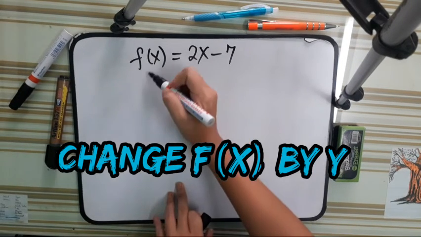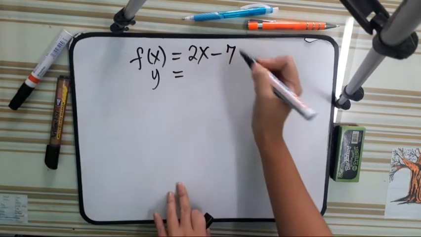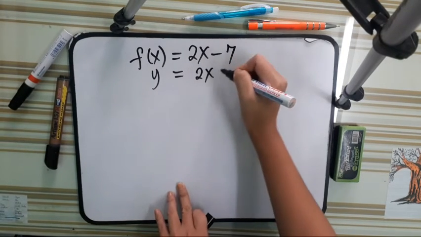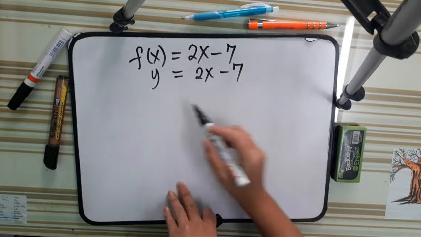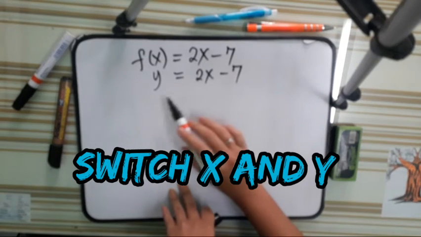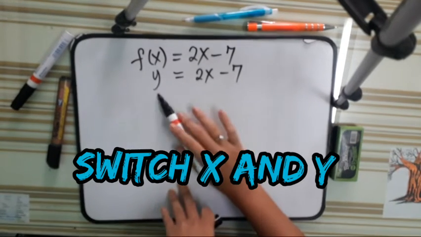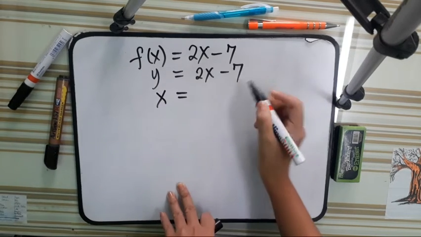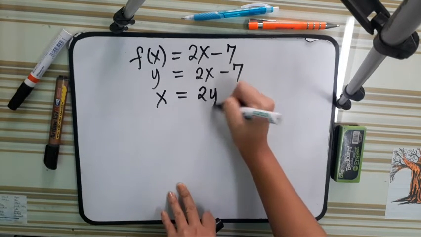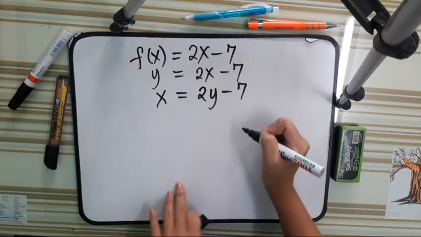So f of x will become y is equal to 2x minus 7. After that, we switch the position of x and y or simply interchange them. So this will become x is equal to 2y minus 7.